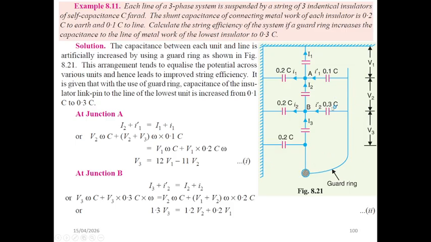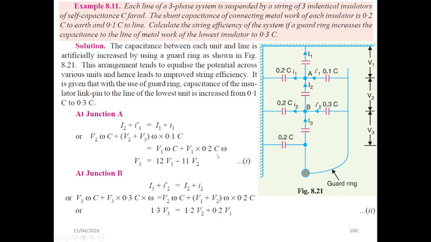As I told you, when we install a guard ring in combination with our insulator, we will have extra capacitors, and these capacitors can reduce the impact of the shunt capacitors. So we again write KCL at each junction, A and B, and replace the current with voltage.